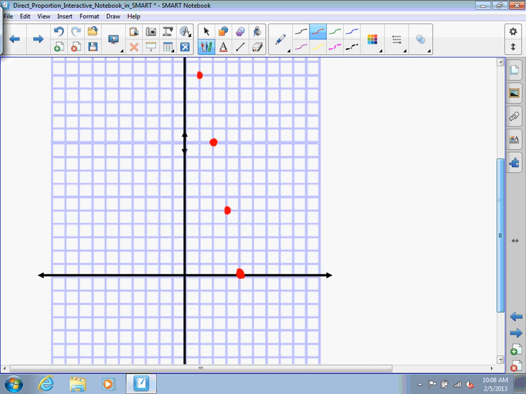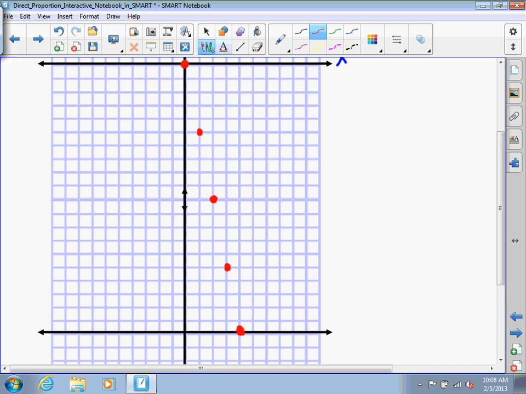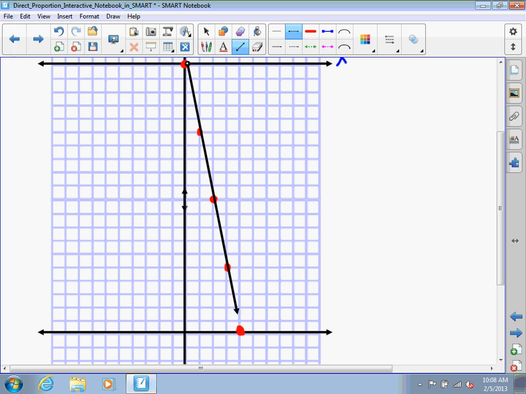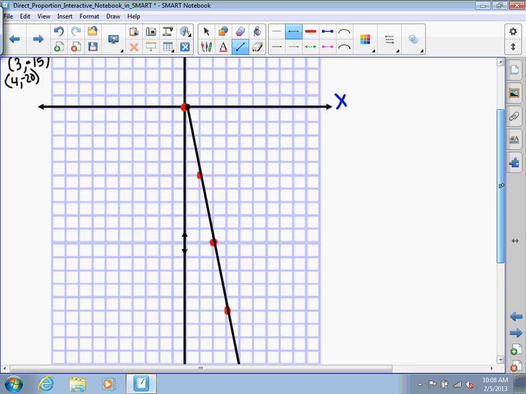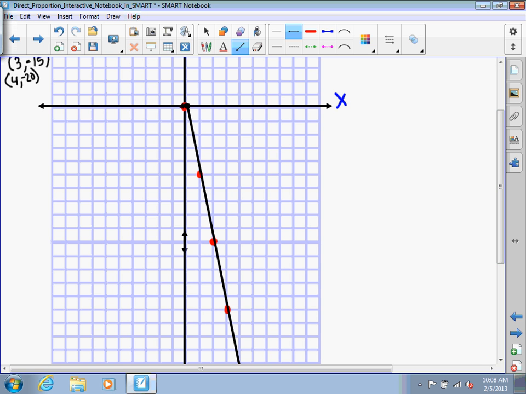Okay, we'll take our ruler, line up our dots. And we draw our line.